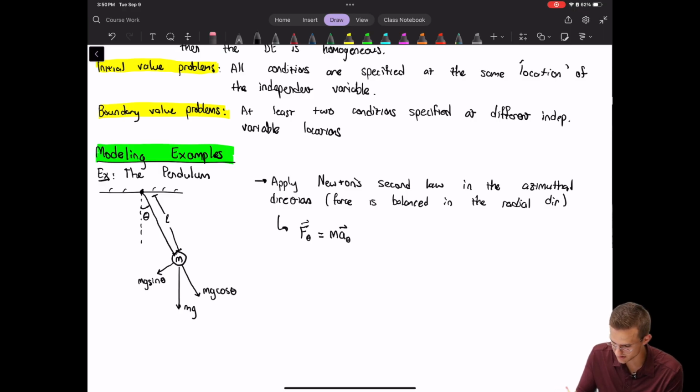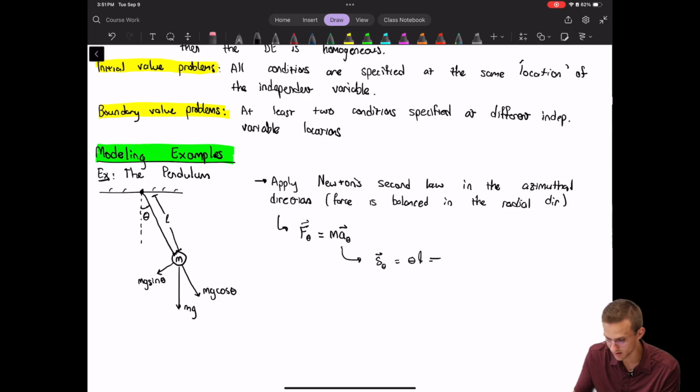And let's go ahead and try to find a mathematical form for a theta in terms of our independent variables. So the distance that the bob or mass travels in the azimuthal direction in terms of theta is equal to theta times L. Okay, it's like a chord length on a circle.